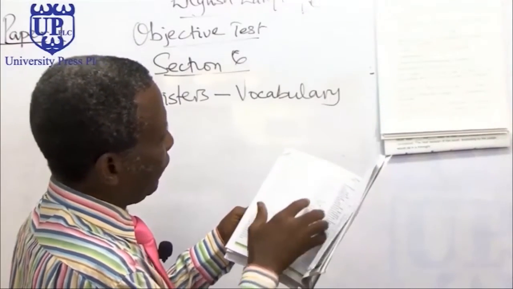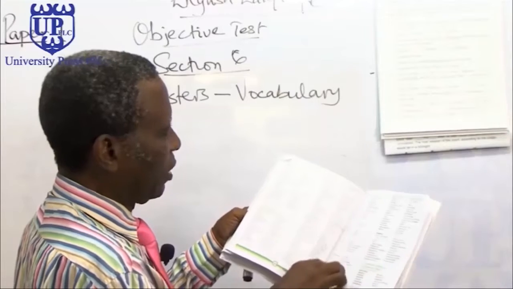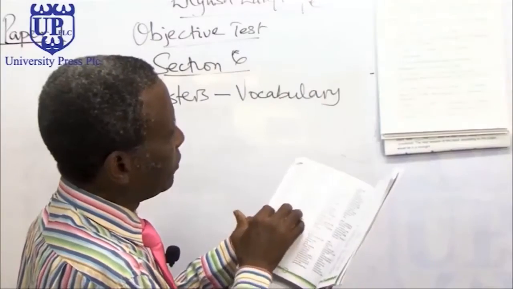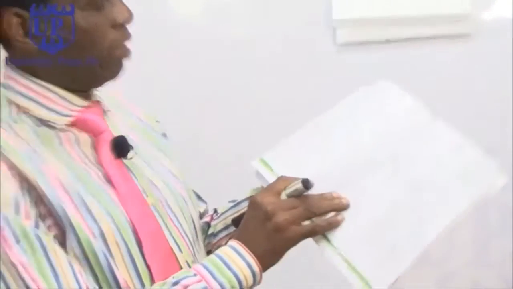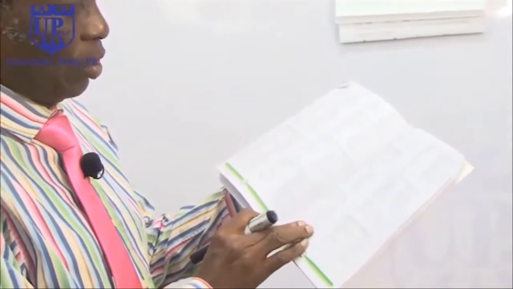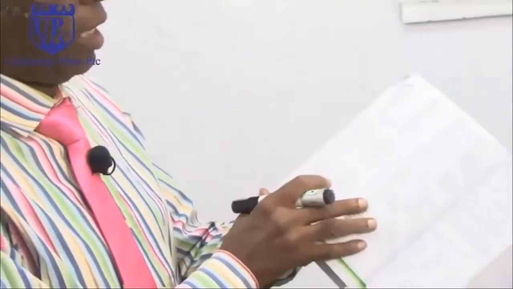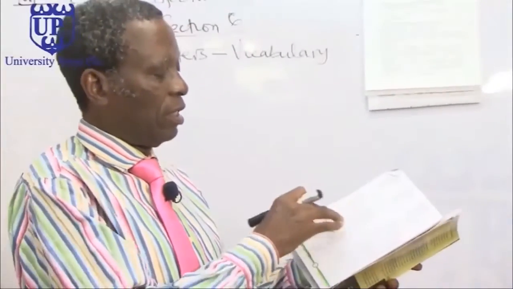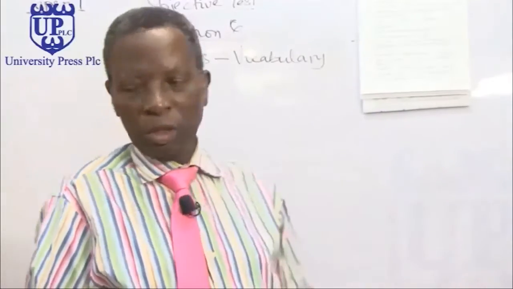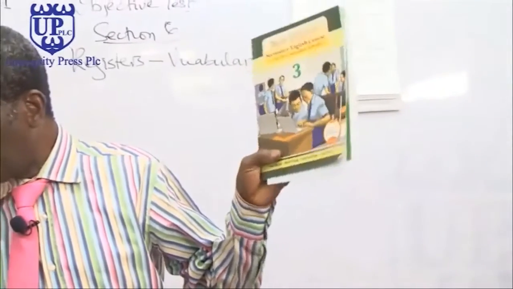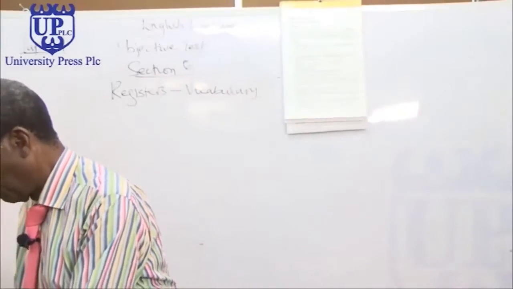You have photography, you have entertainment, you have health affairs, you have transport, you have building, you have agriculture and animal husbandry, you have administration, you have computer and computing. These are in addition to what has been treated in the book itself, some of the words that are connected with the profession that has been treated in this book. So if you get hold of it, I'm so sure that you will enjoy even the treatment as it is there, and you'll be able to do very well in what we're talking about.